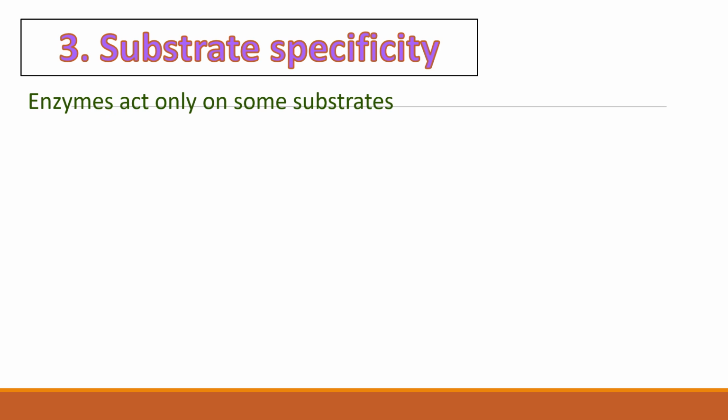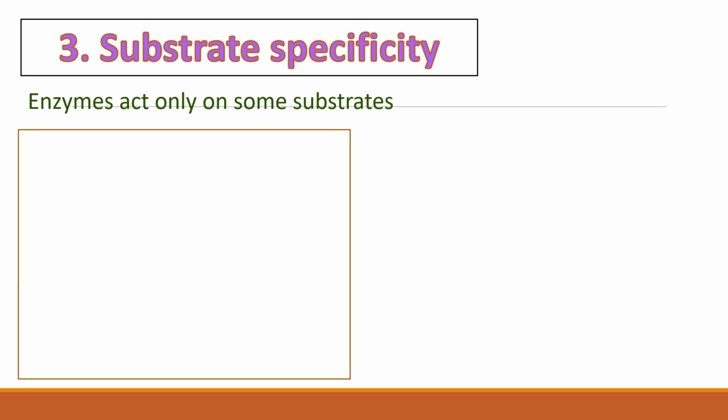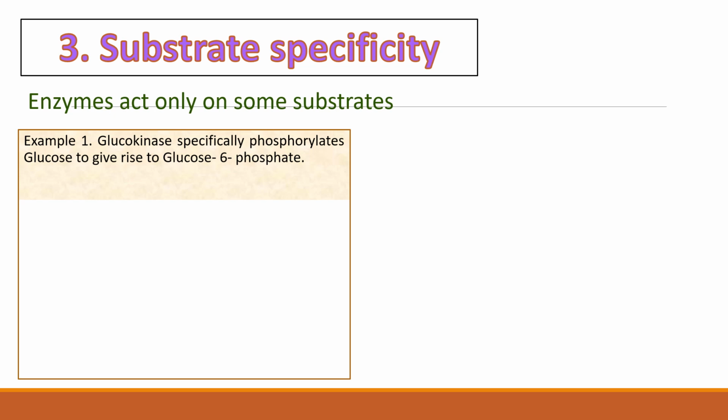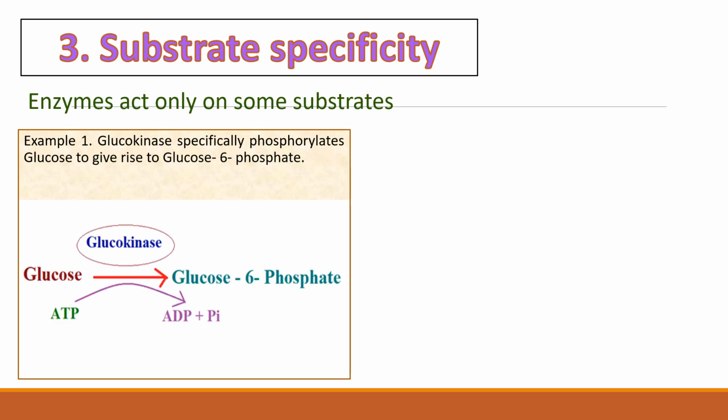Substrate specificity. Here the enzymes are very much specific in selecting a particular substrate. They act only on that particular substrate. We have several examples for this. Let us see two of them, of which the first one is the reaction catalyzed by glucokinase.